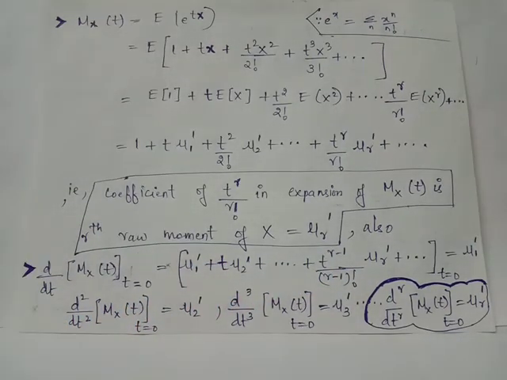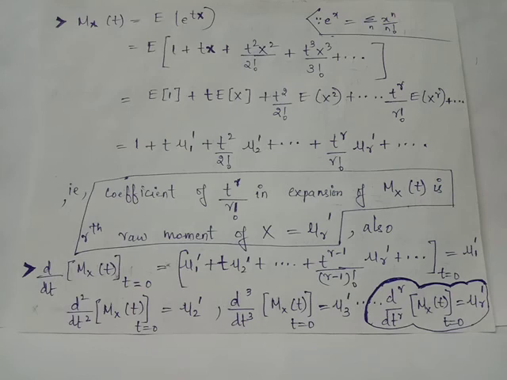First order differentiation of moment generating function with respect to variable t, and after that giving t equals 0, will generate the first raw moment about 0. If you consider the second order differentiation of moment generating function with respect to variable t, and after that you give t equals 0, you will get mu2 dash.